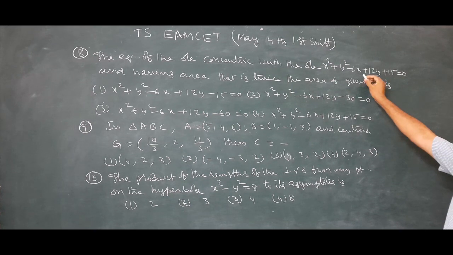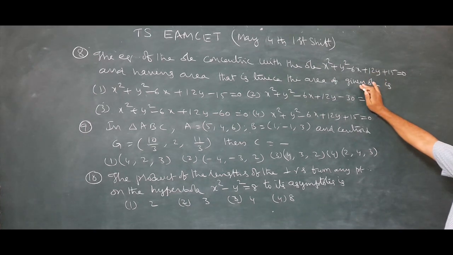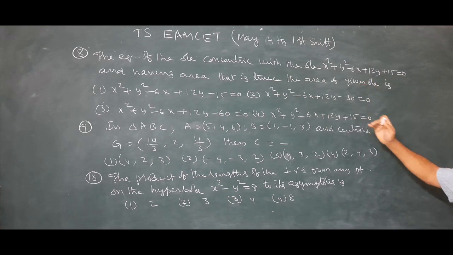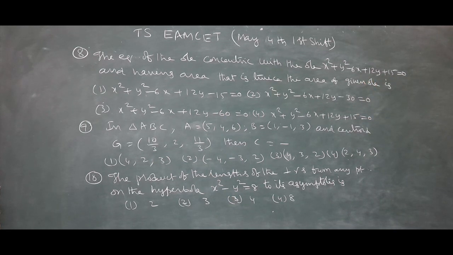So area is twice, that means the radius of the required circle is r root 2, because pi r square, area twice is 2 pi r square, that means pi into r root 2 whole square. So the required circle radius is r root 2.